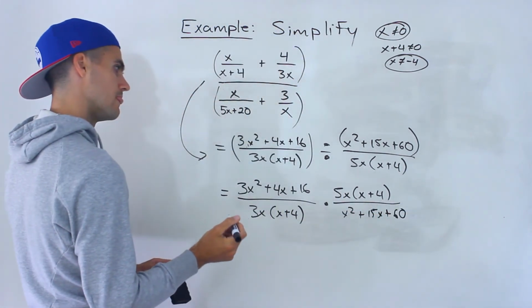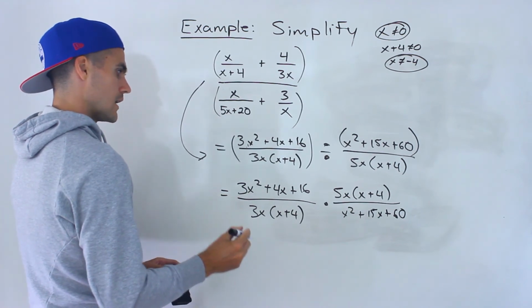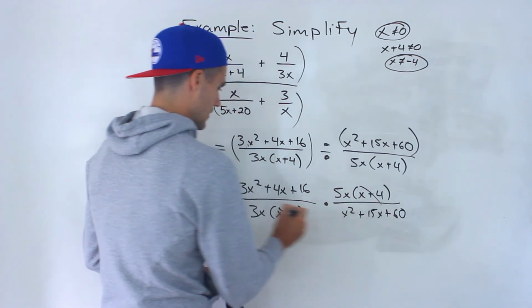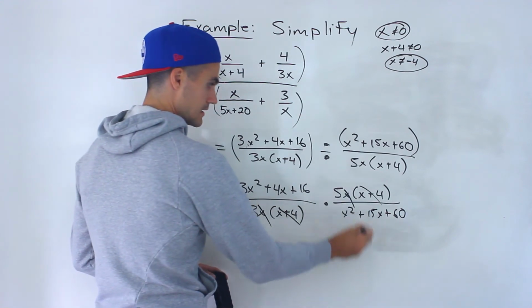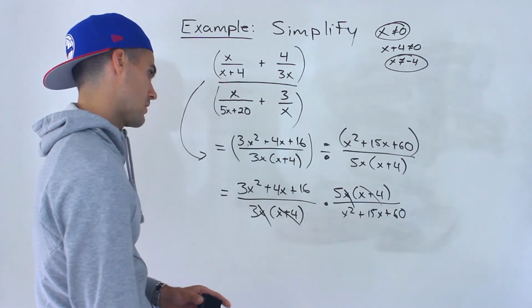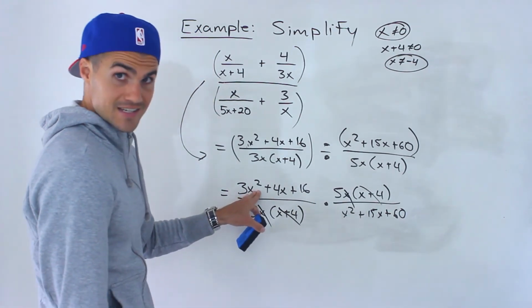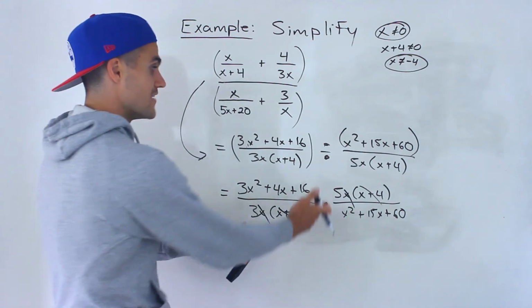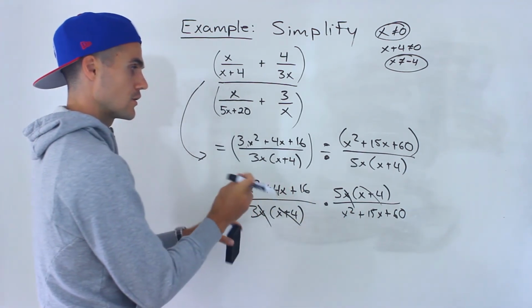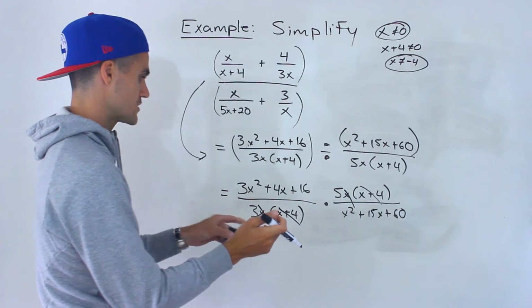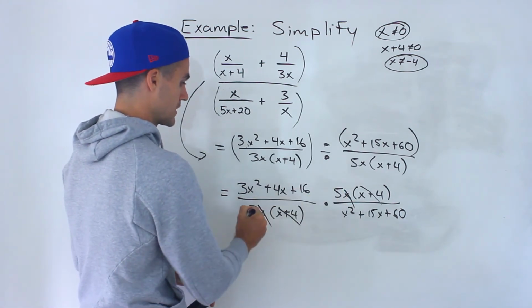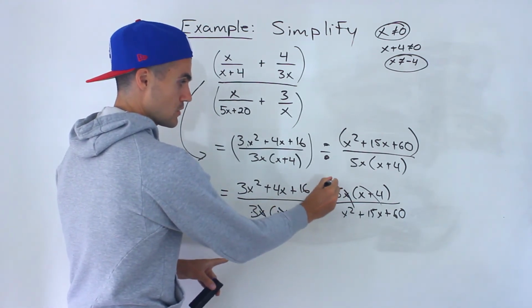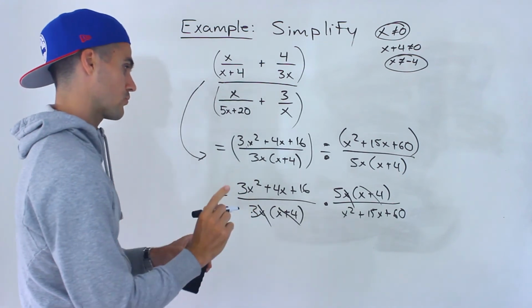And then notice the x plus 4's cancel out. Notice the x's cancel out. And then as we mentioned, this doesn't factor, and then 5 over 3, those don't simplify. If this was maybe like a 6 over here, then we could cross out the 3 and the 6 and put a 2 there. But the 5 over 3 doesn't simplify.